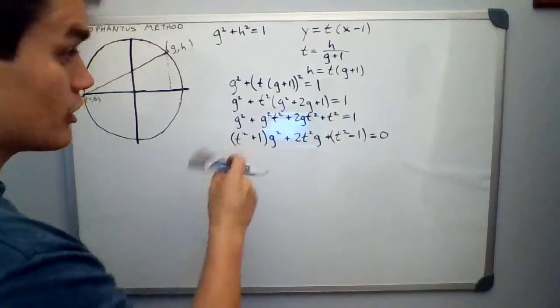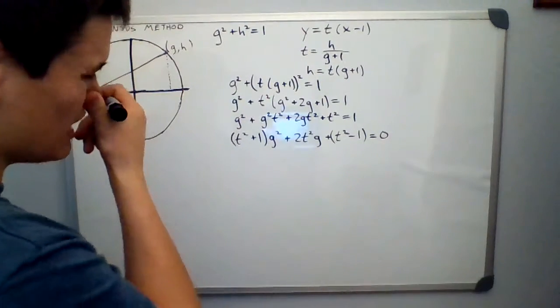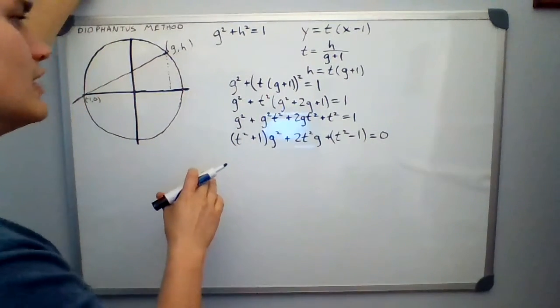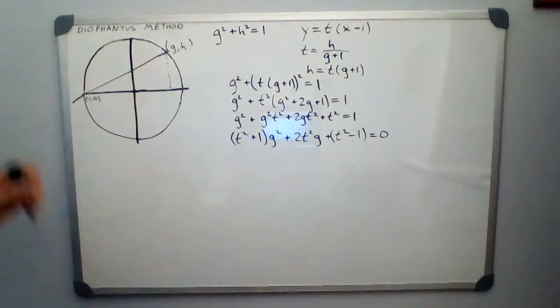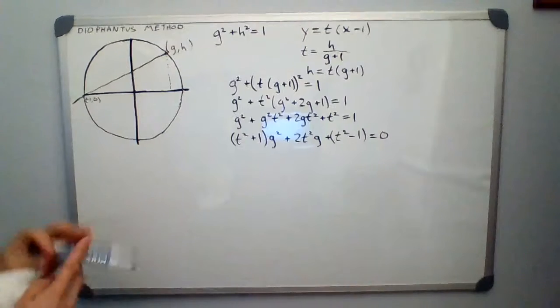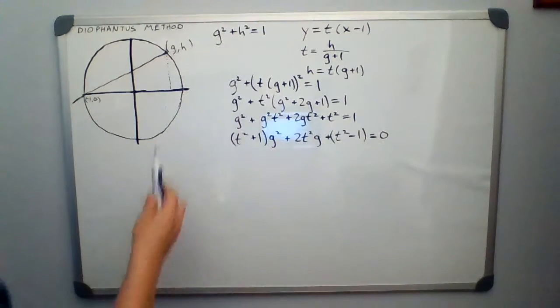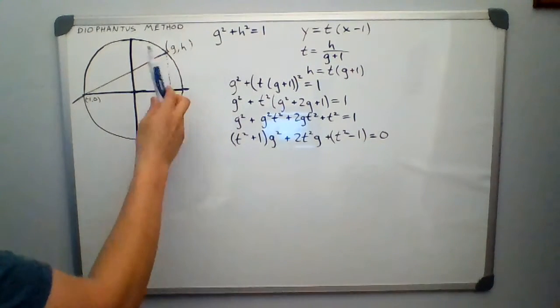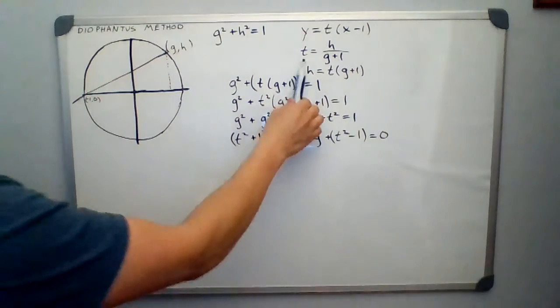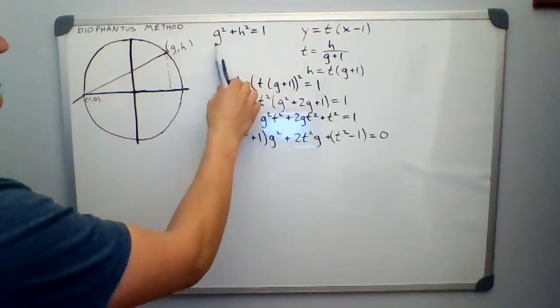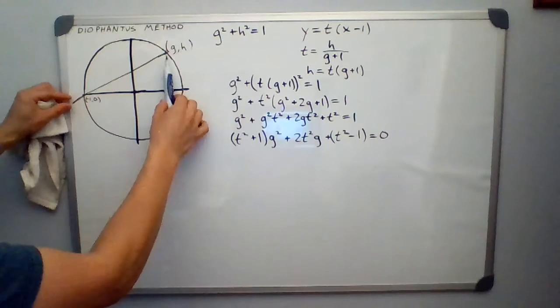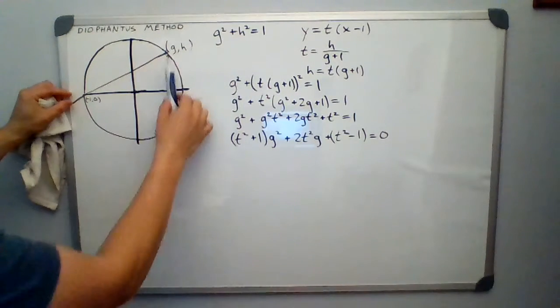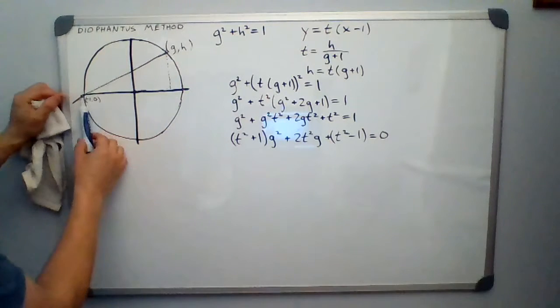So we're going to go ahead and get started on completing the square. I really don't have enough room to do it, so maybe I'll just erase this and rewrite it. Just to recap before I erase that, what we're looking for is the parameter t. We're trying to write g and h in terms of t, and we know that t is this ratio, that side divided by that side.